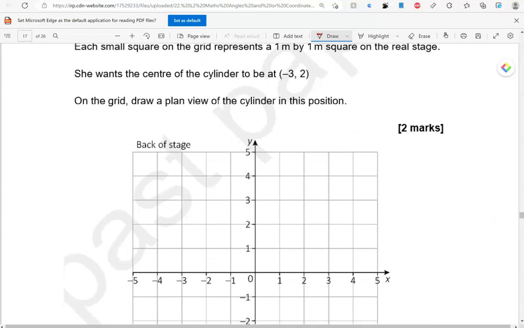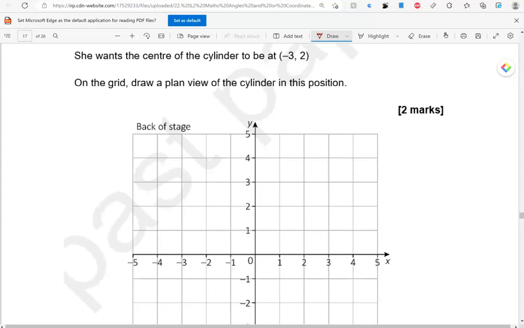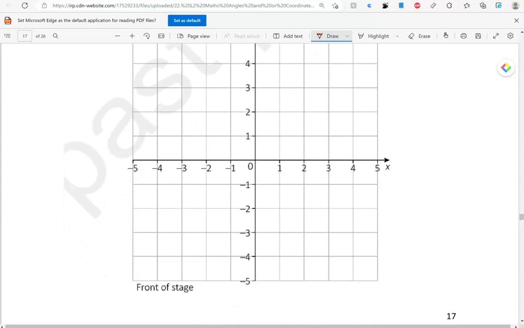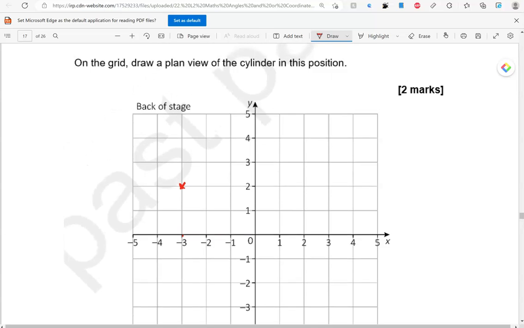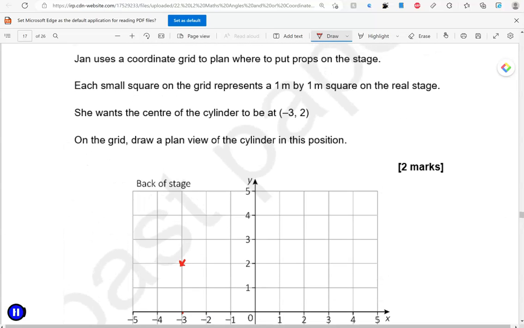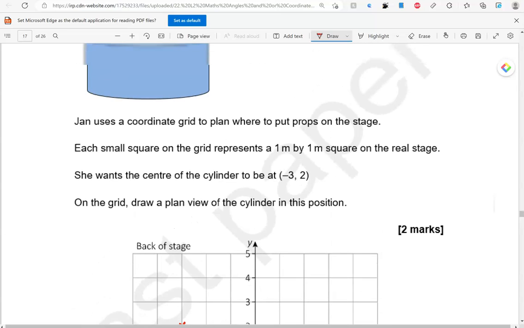So center of the cylinder will be at -3, 2. So there is -3 going up to 2, so that's the center of the circle. I'm saying circle because the base of a cylinder is a circle.